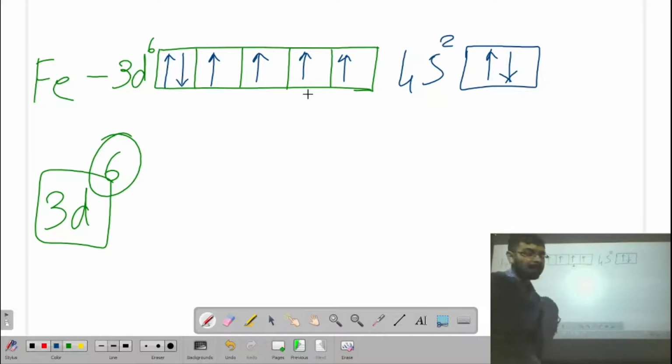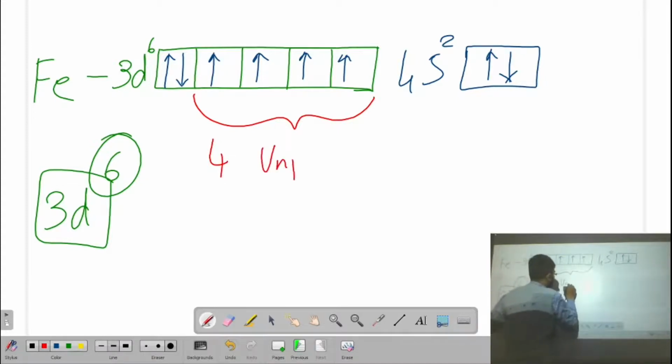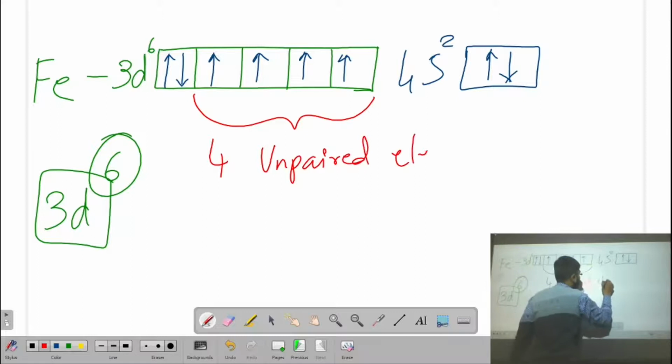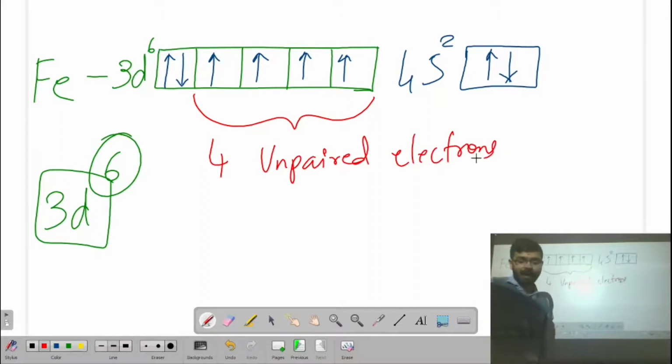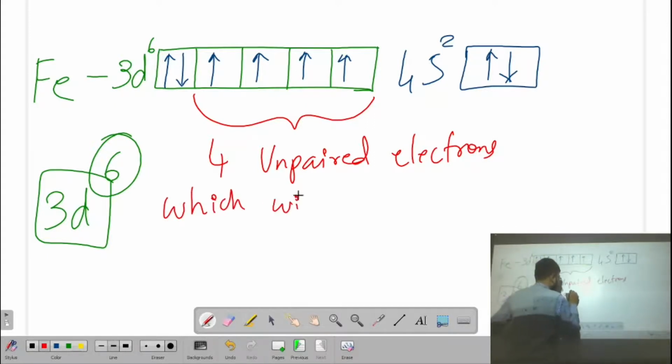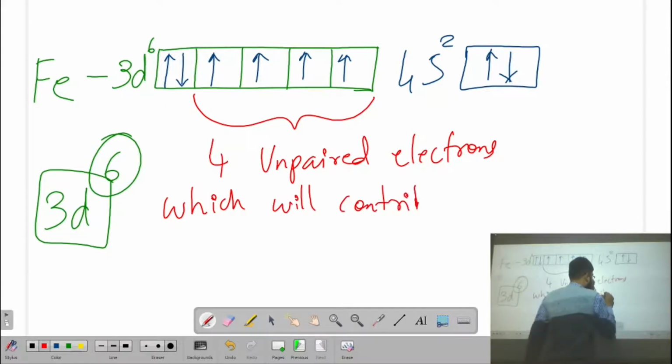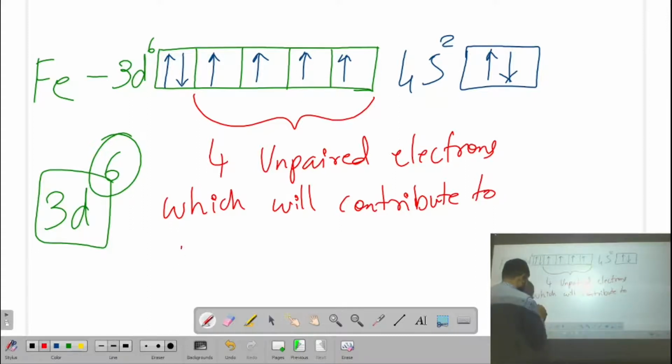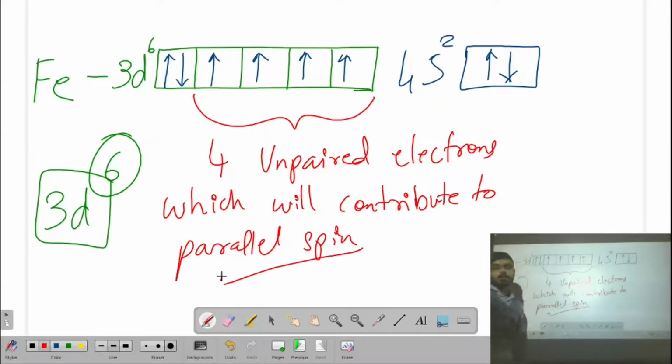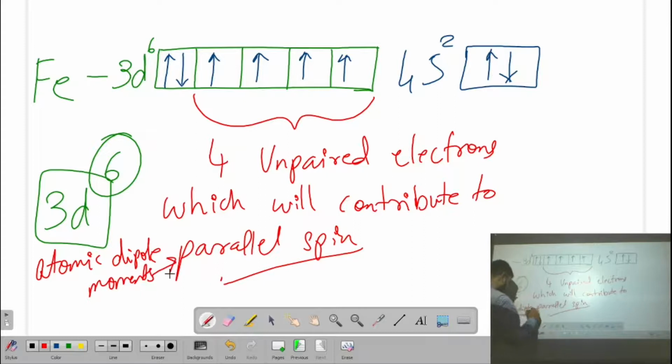So here you can see that a total of 4 unpaired electrons are there, which will contribute to parallel spin.